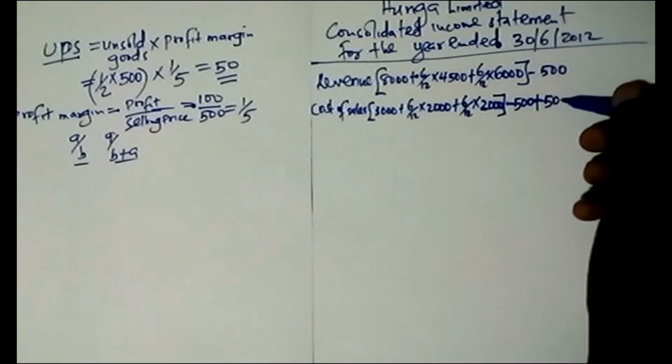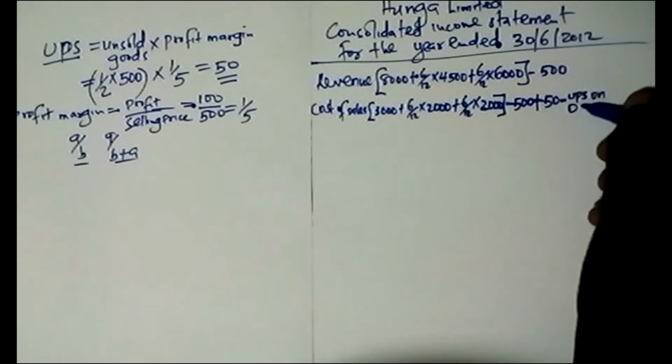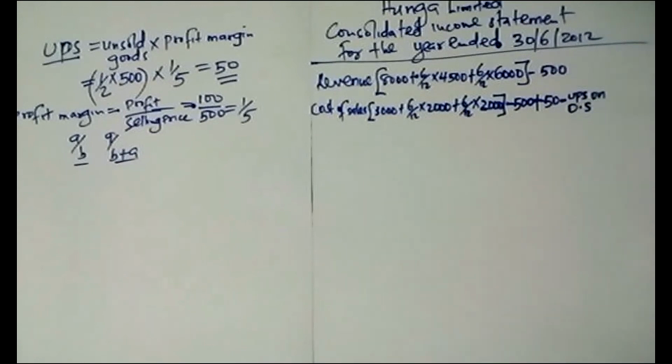And if there was UPS on opening stock, we raise the UPS on opening stock. So let's say these goods were sold between the two entities in the last financial year, which means that they were never resold entirely by the entity which received them by the end of the last financial year. So we do the same thing, but now we raise it because it would be the unrealized profit on stock for the previous financial year.